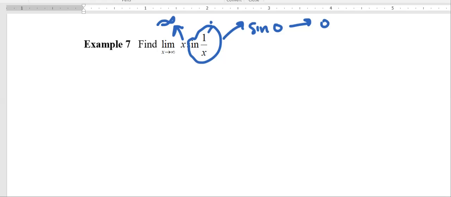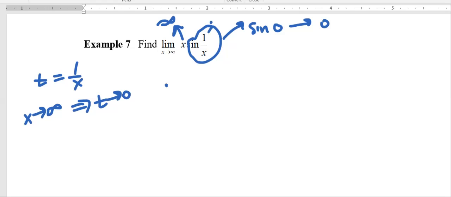So a way we can get around that is like this. I'm going to say let t be equal to 1 over x. Then we notice that x going to infinity implies that t is heading to 0 by this relationship.